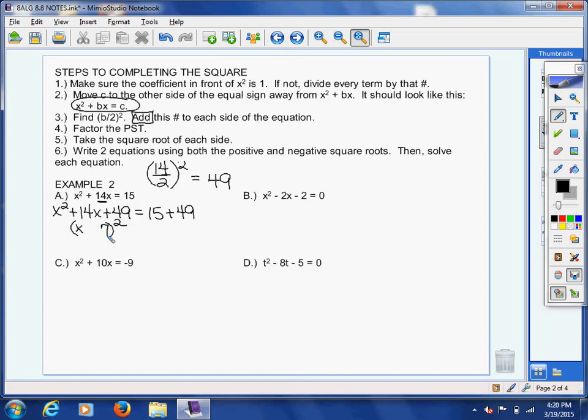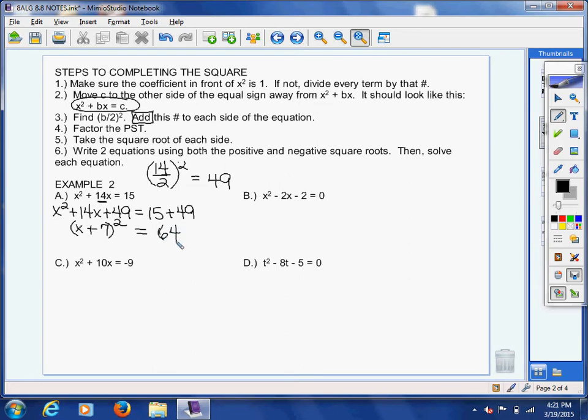And the middle term is positive, and so is the middle of that binomial. So a little bit of review from when we were factoring last chapter in 7, okay? So that's how you factor all perfect square trinomials. It's always going to be some binomial squared, okay? Now, on the right side, it's real simple. It says to add 15 and 49 together. So when you add those together, you're going to get 64.